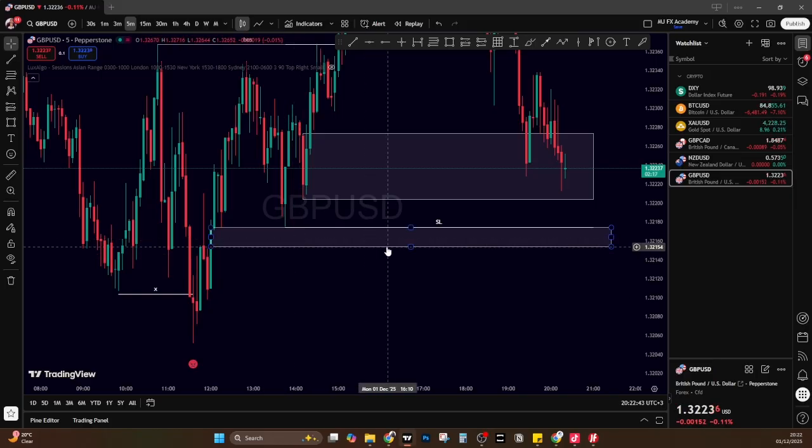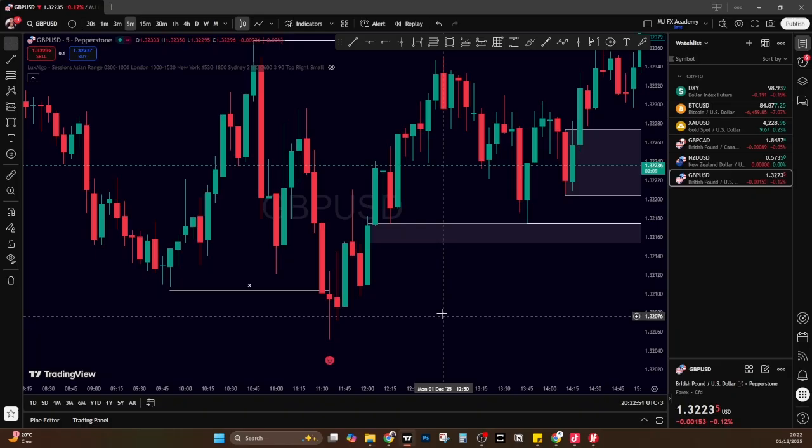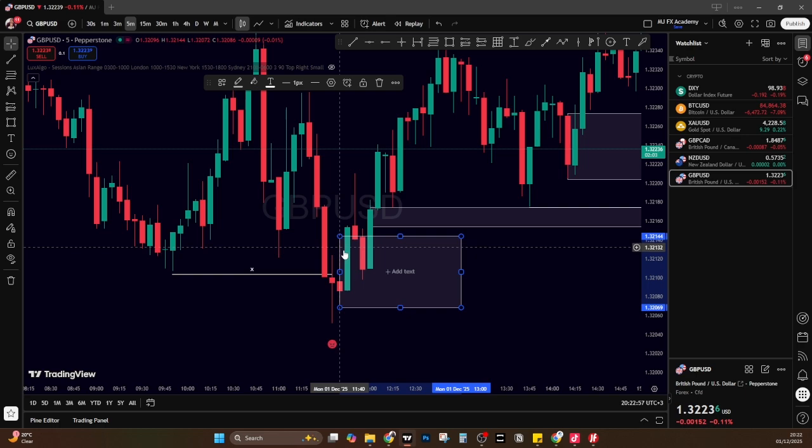If you look at this one, we had an order block here. I don't know whether you are able to see it. We had this order block, this last sell before a significant buy. But this order block was retested by this order block here.